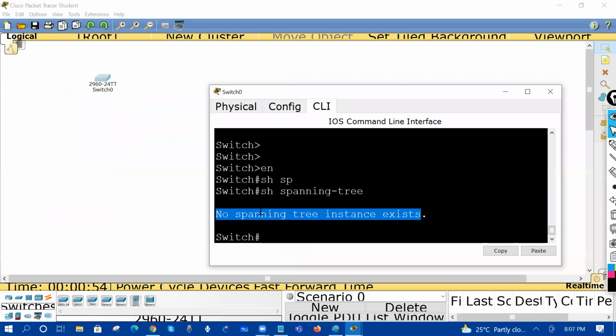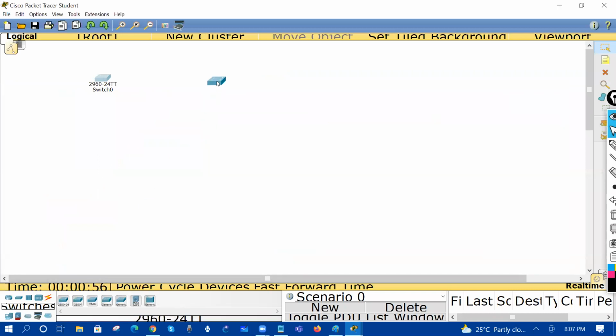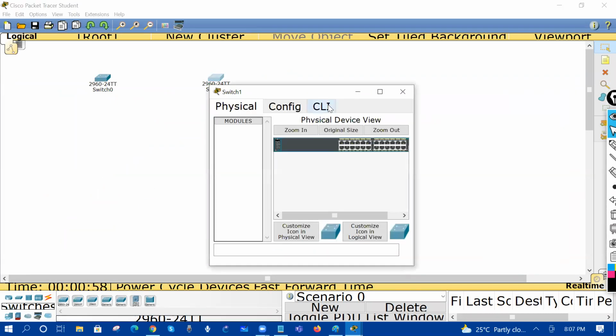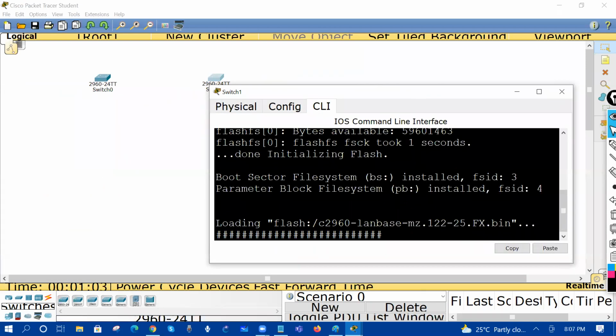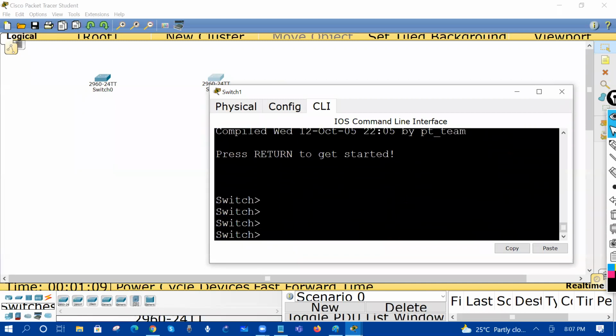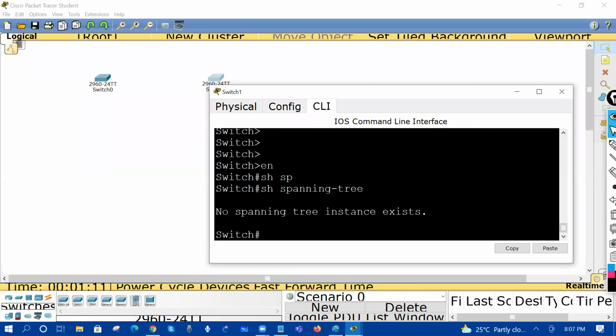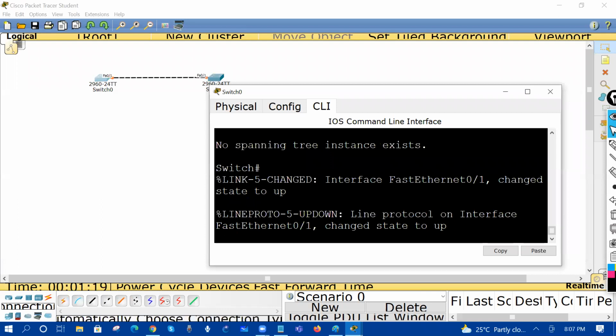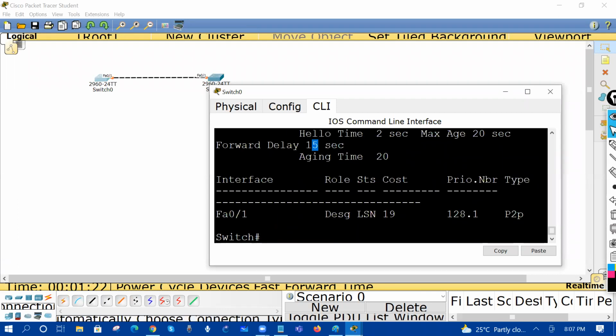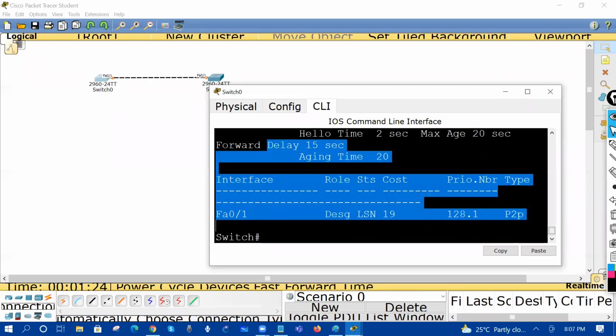But if I connect one more switch, this one also does not have any spanning tree, because I don't have any switch port. But once I connect them, automatically what happens? The spanning tree will be present. See, now all the information is coming.